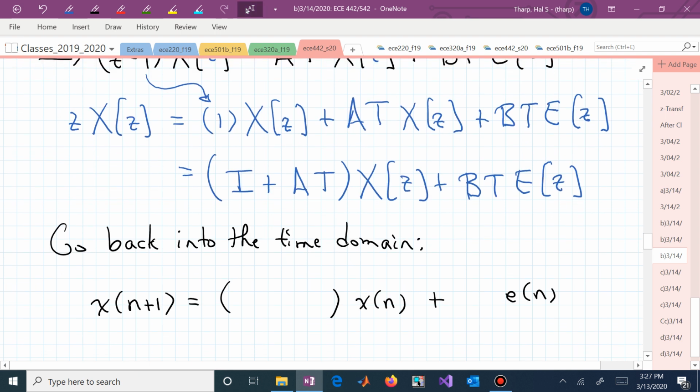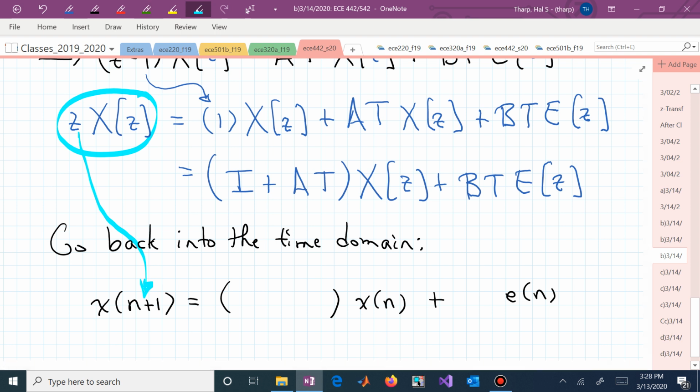We now can go back into the time domain. This particular expression in the frequency domain, or multiplication by z in the frequency domain, corresponds to an advance of 1 in the time domain. Here, there's no z that's scaling capital X of z or capital E of z on the right-hand side.